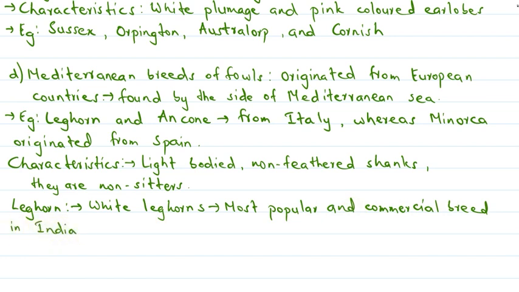We already know that the colors of plumage may be white, brown, or black. So this was about the Leghorn that is found in India.